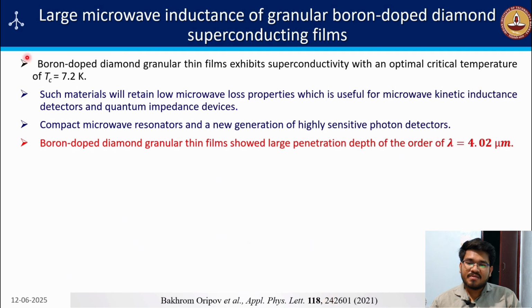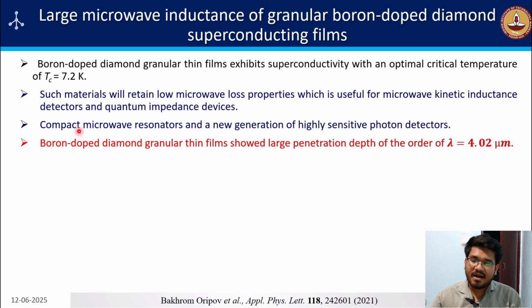So in this study, the boron-doped diamond granular thin film exhibits superconductivity with an optimal critical temperature of 7.2 Kelvin, and such materials will retain low microwave loss properties, which is useful for microwave kinetic inductance detectors, basically the building blocks in quantum impedance devices. In the case of a qubit, we use a single photon detector, and to achieve that, microwave kinetic inductance detectors are one of the basic building blocks.